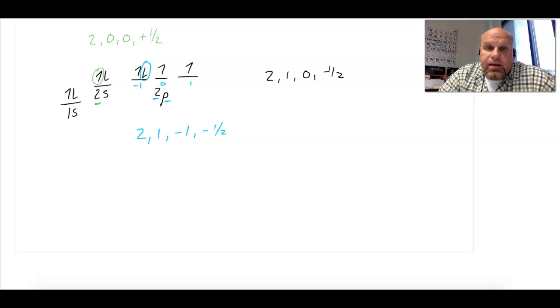Hopefully you're saying that electron doesn't exist, because the second energy level, the l value is 1, so that tells me I'm looking in the p subshell. I'm looking at the middle orbital because my ml value is 0, and I'm looking for the electron that is pointed spin down.